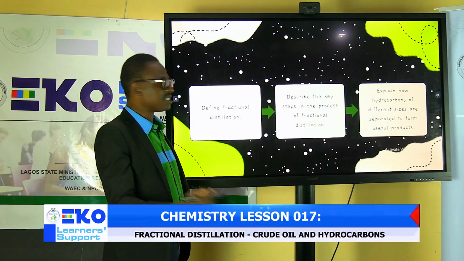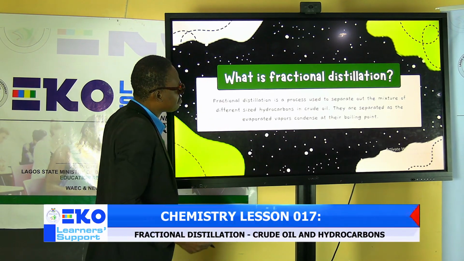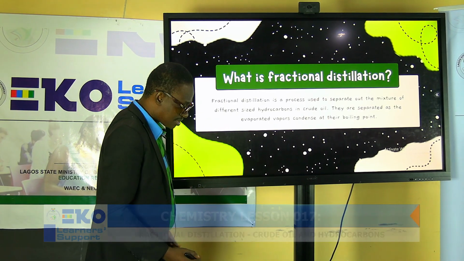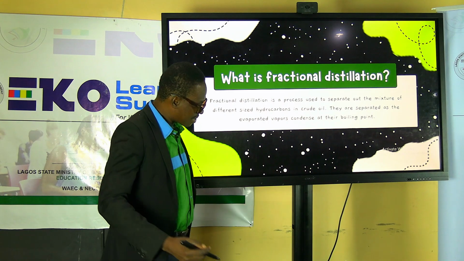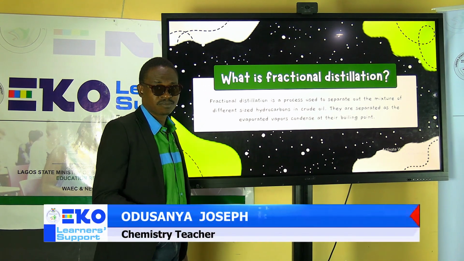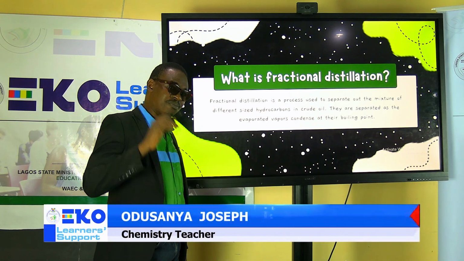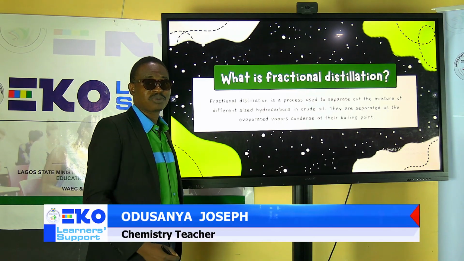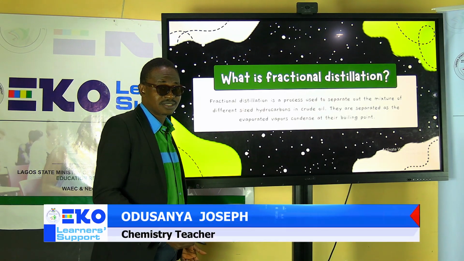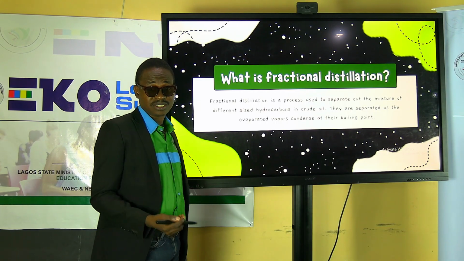I hope you are following me. Let's go to the next slide. So what is fractional distillation? You will agree with me that when you were in SS1, we talked about separation techniques. It's one of the components of separation techniques. And what do we use fractional distillation for?